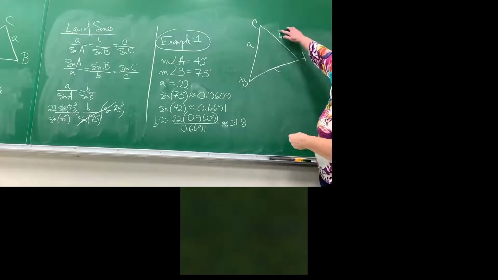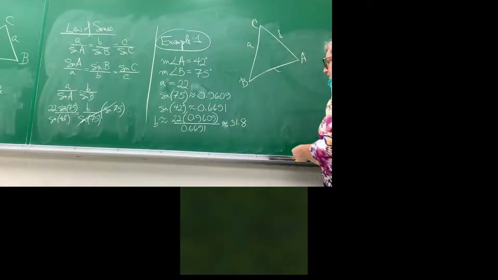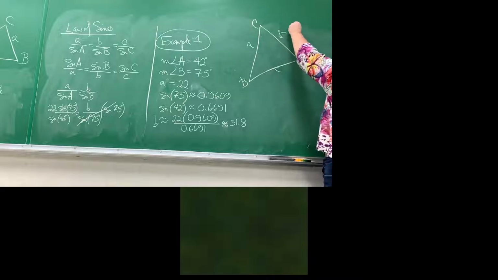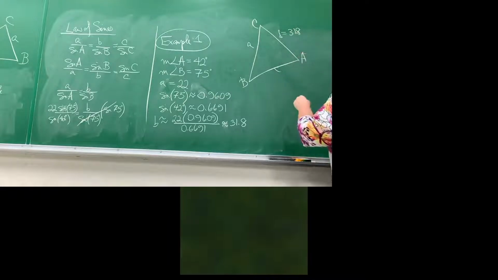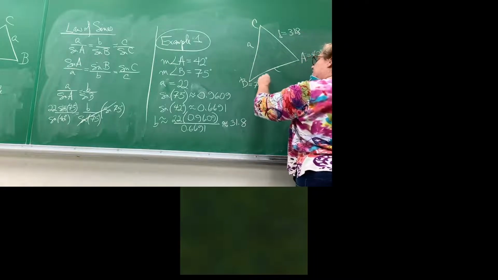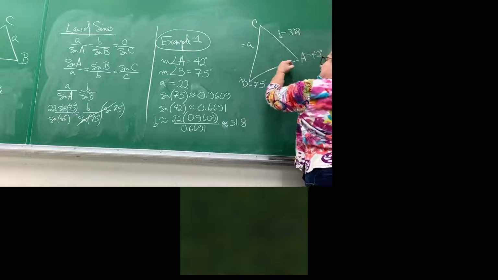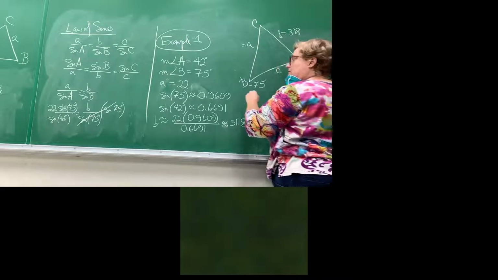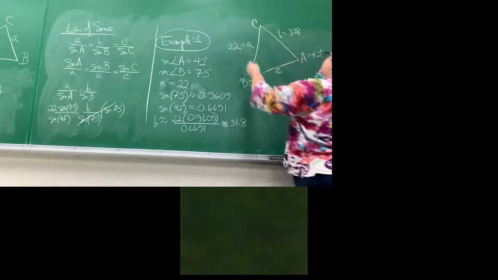So we just found little b is 31.8. We said that A was 42 degrees and B was 75 degrees, and that little a was 22. What should we do now?